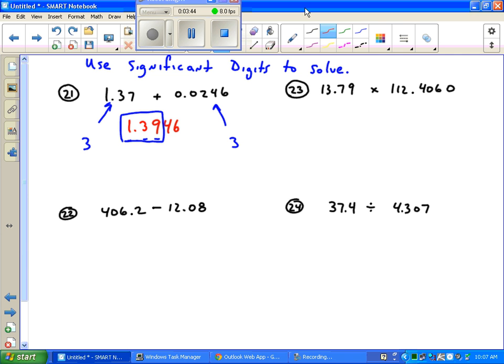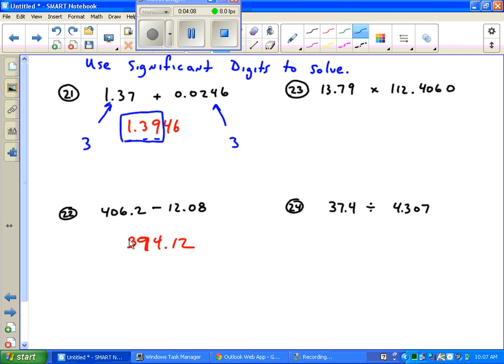On number 22, we have 406.2 minus 12.08. When you subtract those from each other, you get the number 394.12. Just like we would normally subtract, but again, you have to make sure you have the correct amount of significant figures.